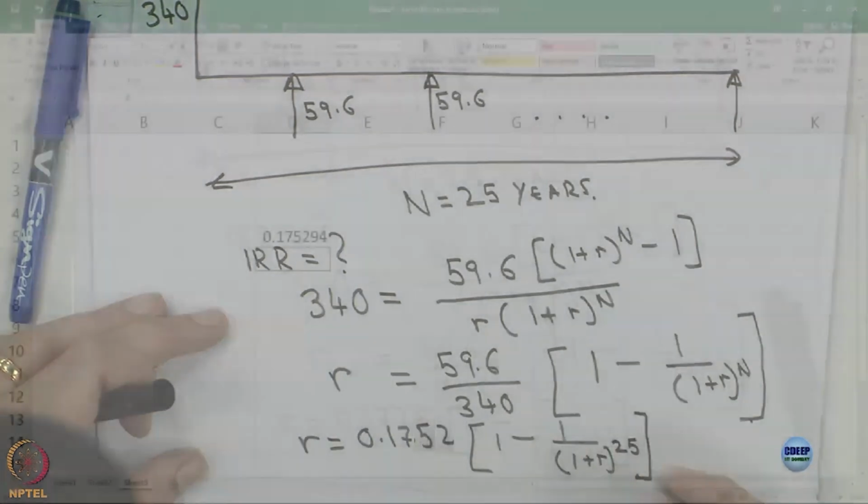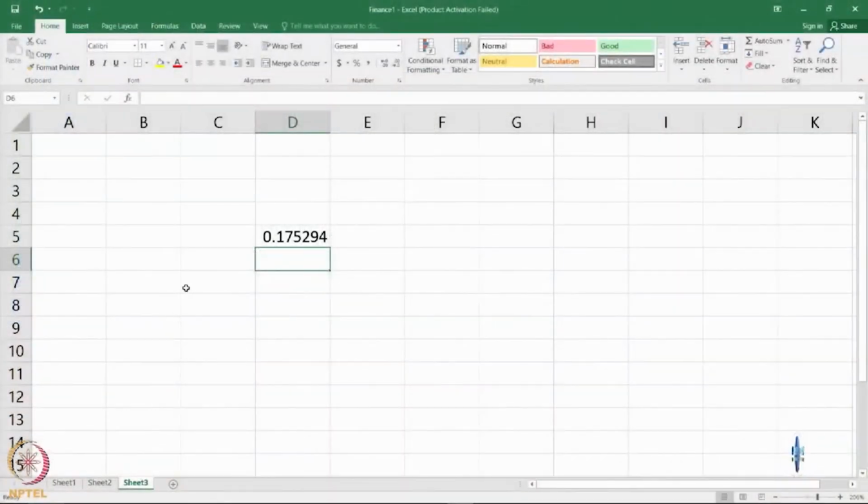Let us take a starting value of R of 0.2.